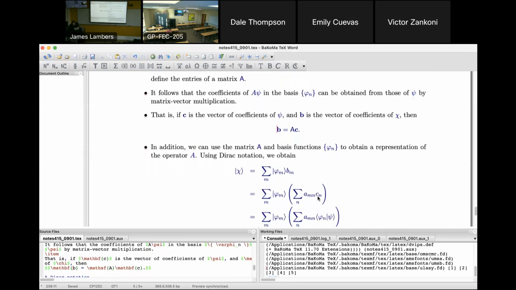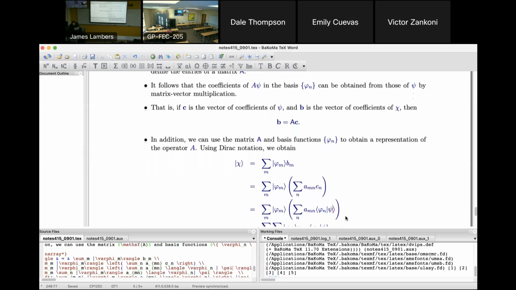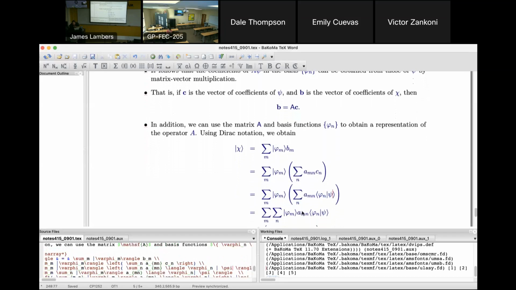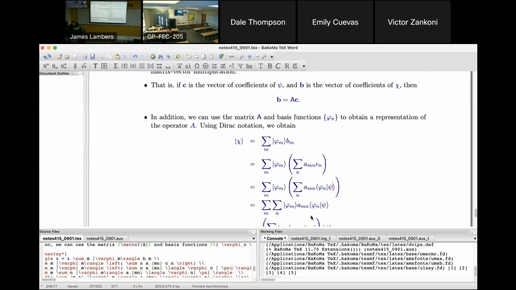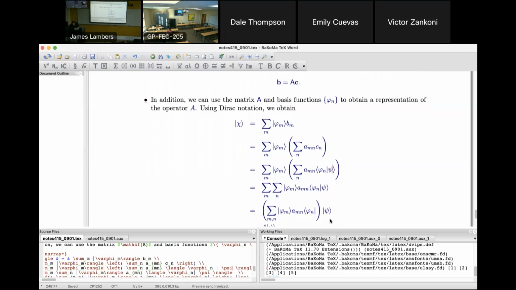But now I use a formula for Cn, because these are coefficients in the expansion of psi. So now I rearrange my summations a bit, and keep in mind, psi does not depend on m or n. So I'm allowed to take this ket, if you will, and factor it out to the right.